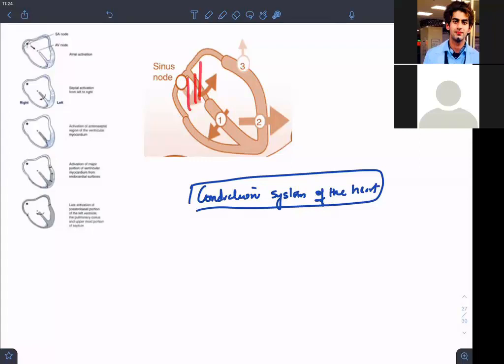This whole region should get depolarized at the same time. That means it should contract at the same time pretty much. And this atrial depolarization is finished in a span of 0.1 seconds. So whole atrial depolarization, as taught in the cardiac cycle, takes 0.1 seconds.